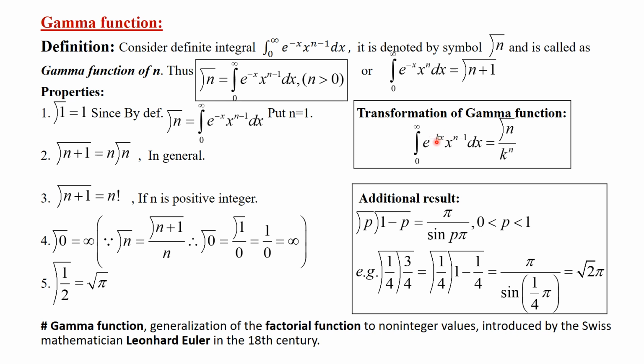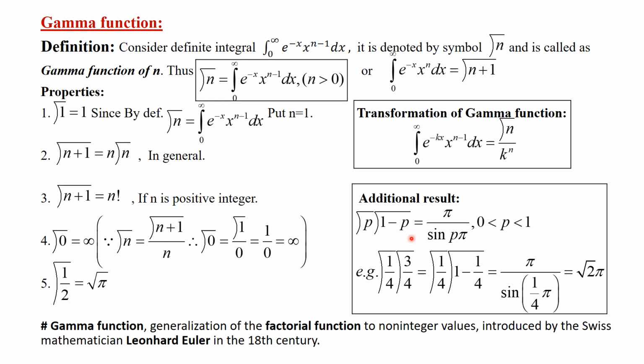So we put kx equal to y, and consider the function as y with some power, and the simplification gives the transformation: the integral of e raised to minus kx, x raised to n minus 1 dx equals gamma n upon k raised to n. Here n minus 1 plus 1 gives our gamma n, and k is the dividing factor, so k raised to n.